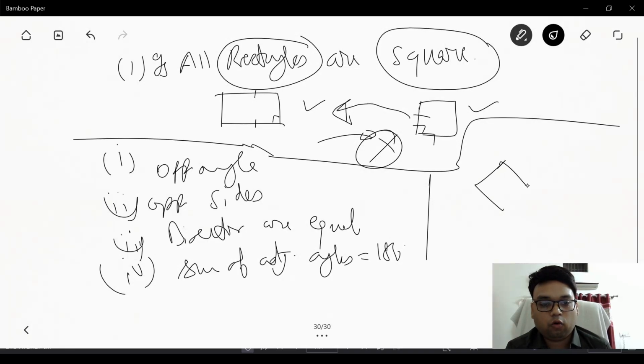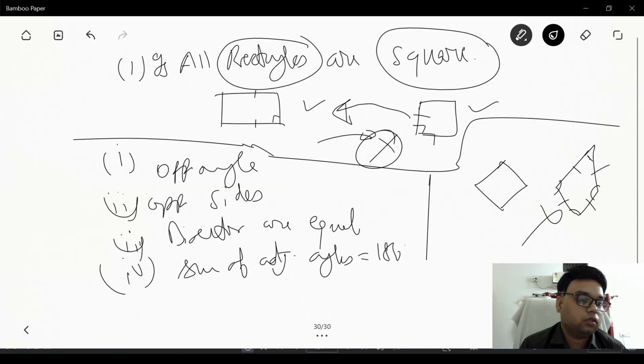All rhombuses are parallelograms, but all parallelograms are not rhombuses, because in the kite we saw that the sides are not equal and the angles are also not equal, so it is not a parallelogram. So for question number 2, the statement is false.